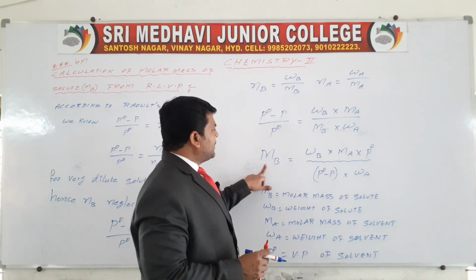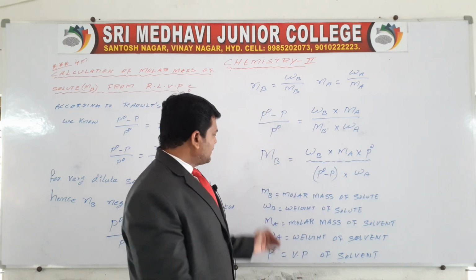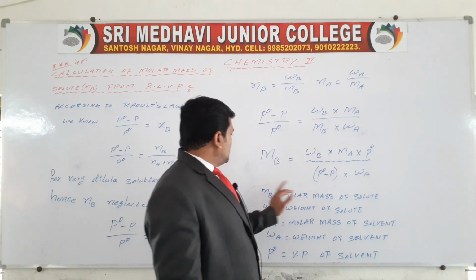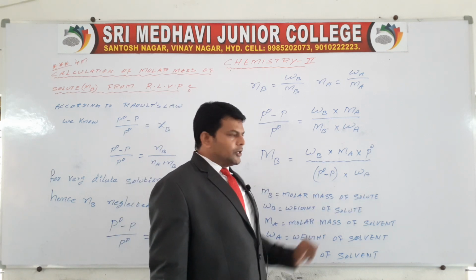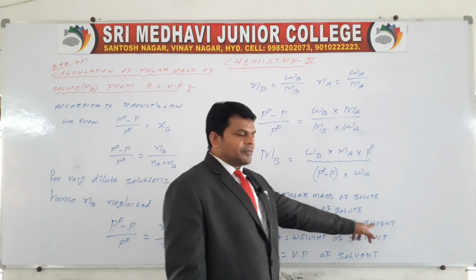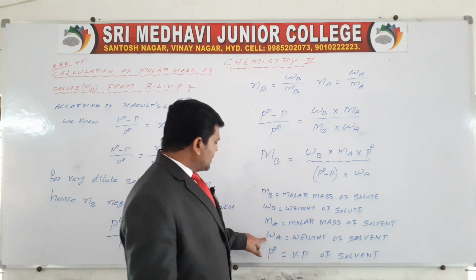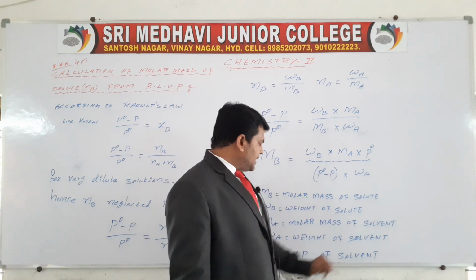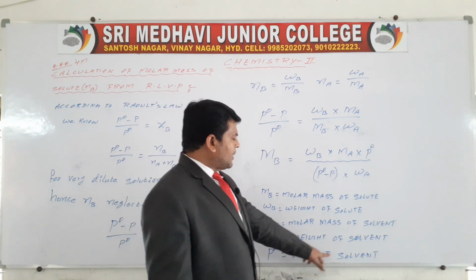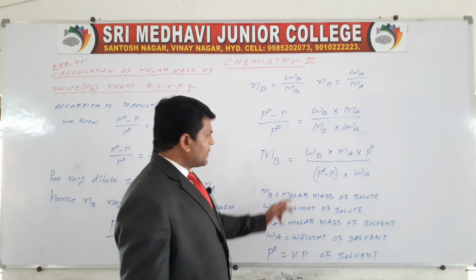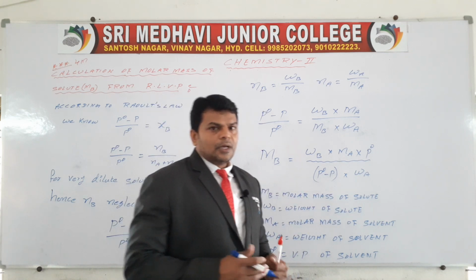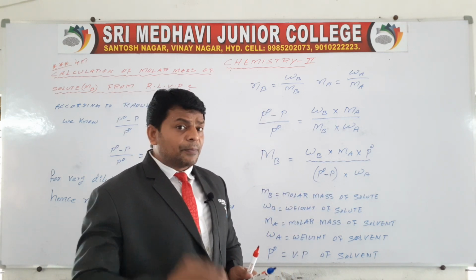So MB equal to, this is the way, like this. MB equal to molar mass of the solute, MA equal to molar mass of the solvent, WB equal to weight of the solute, WA equal to weight of the solvent, then P naught equal to vapor pressure of the solvent, then P naught minus P equal to lowering of vapor pressure. Then what is P?